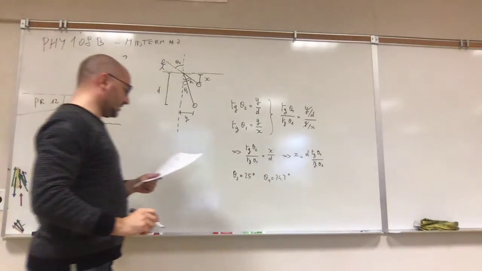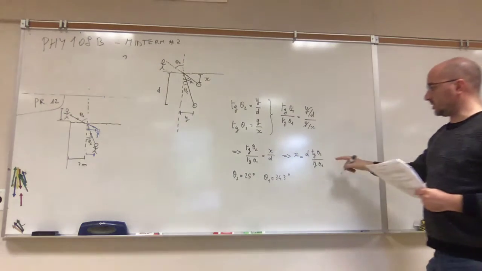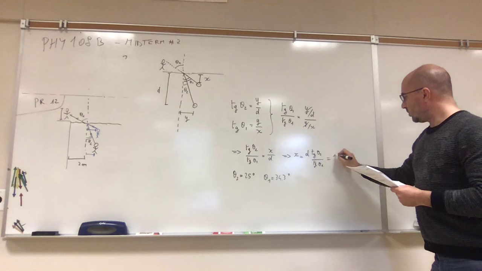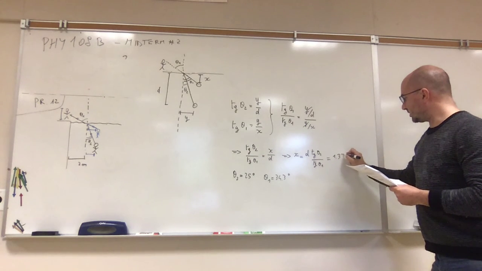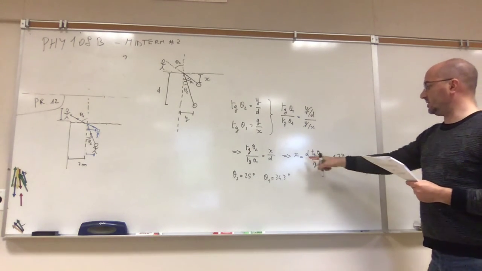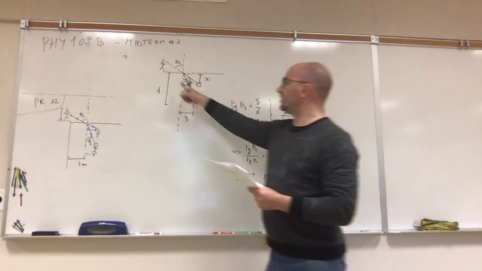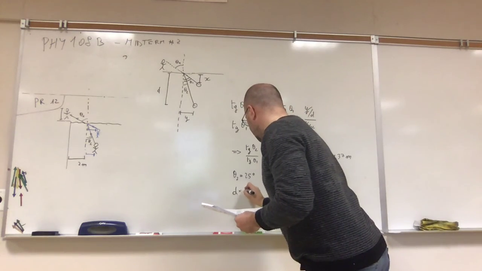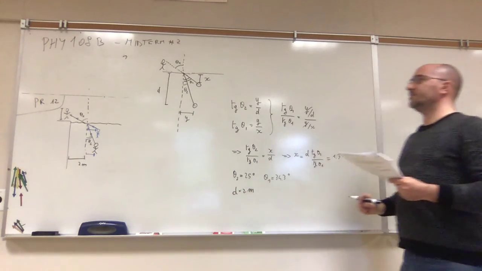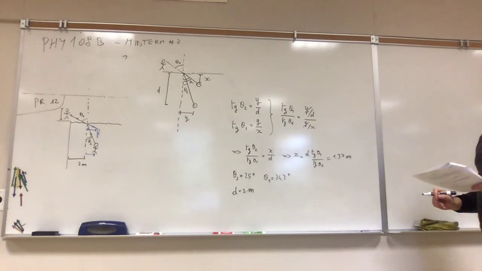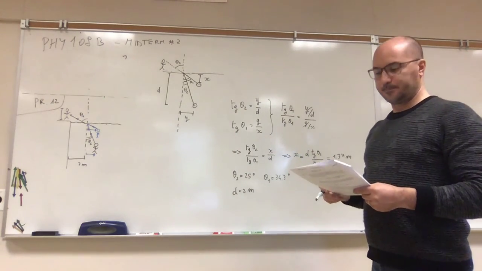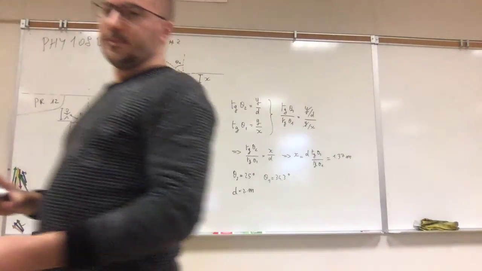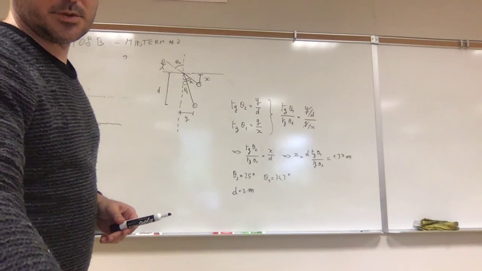When you plug these numbers into these equations, you have 1.37 meters. Remember, D is the depth of the diver and was given as 2 meters. All right. So I'm going to stop this one here.